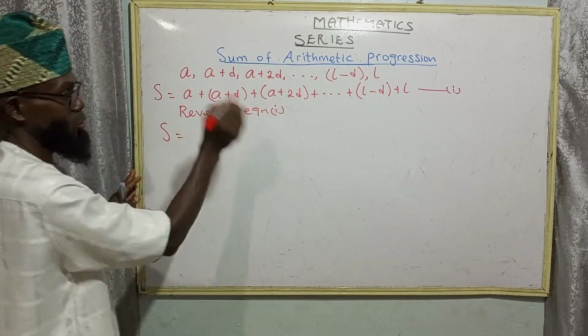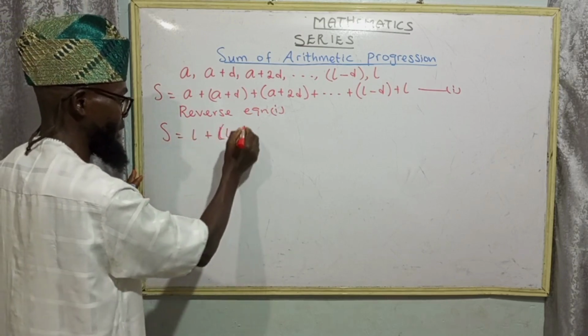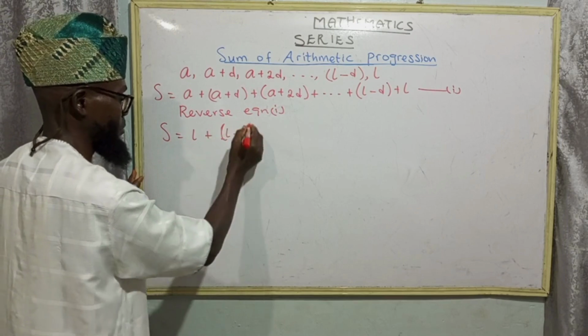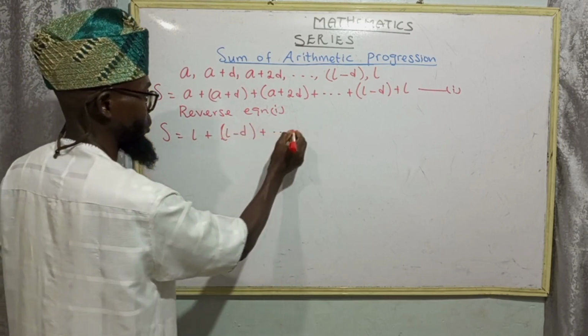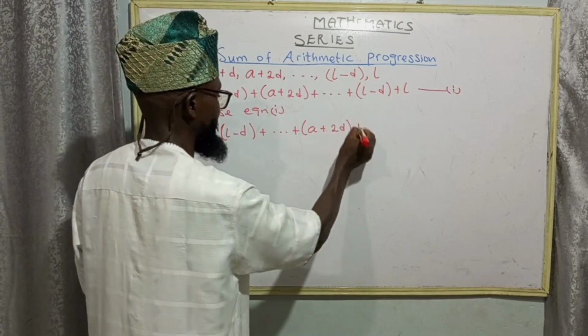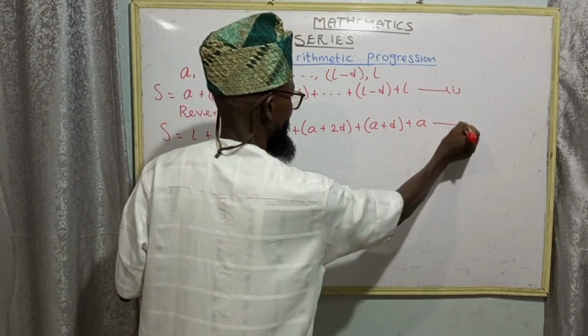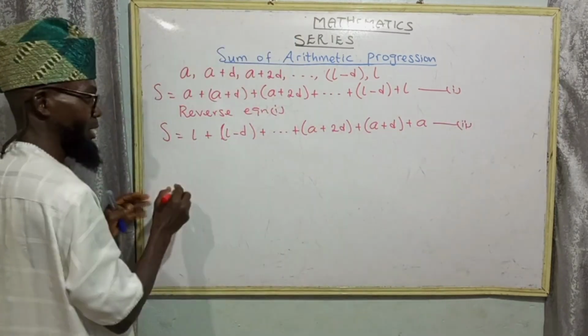Reversing equation 1, we have L plus (L minus D) plus ... plus (A plus 2D) plus (A plus D) plus A. This is equation 2.